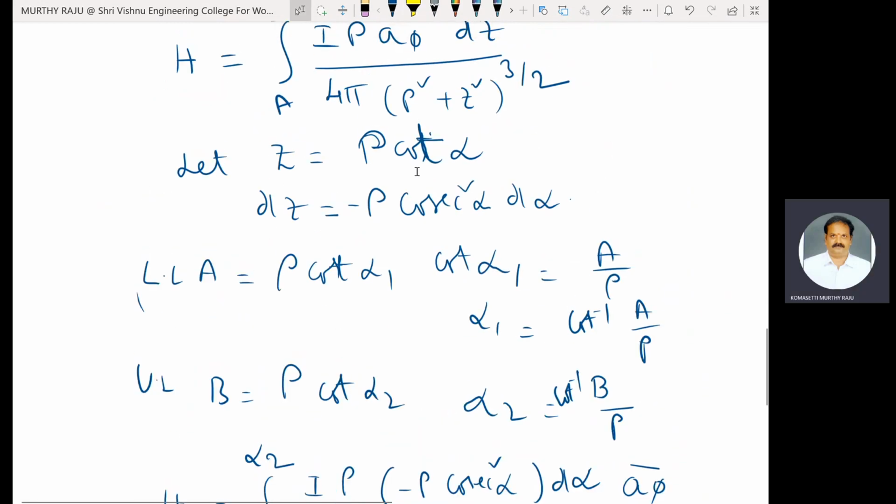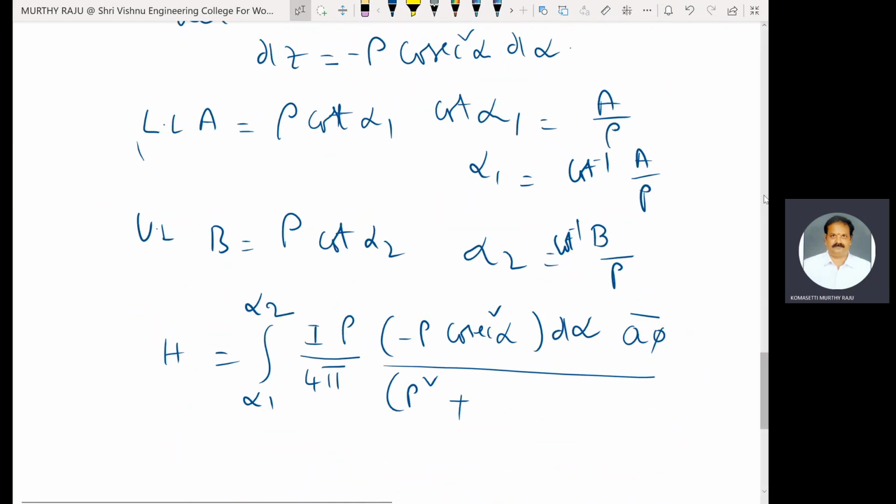Here z is equal to rho cot alpha, that is z square is equal to rho square cot square alpha.